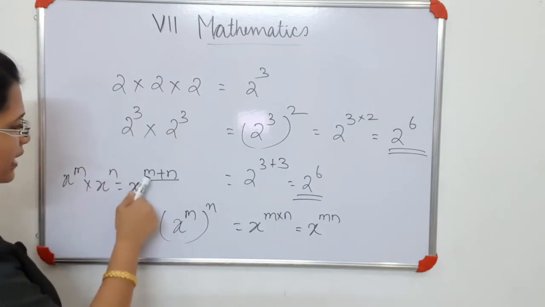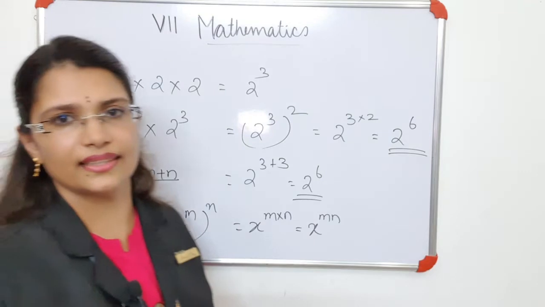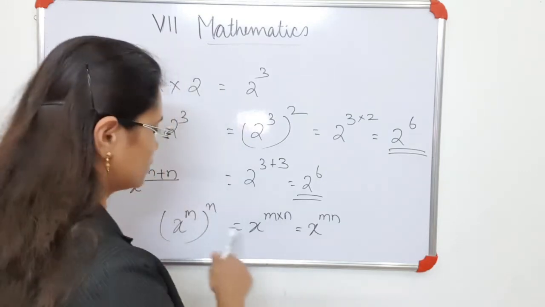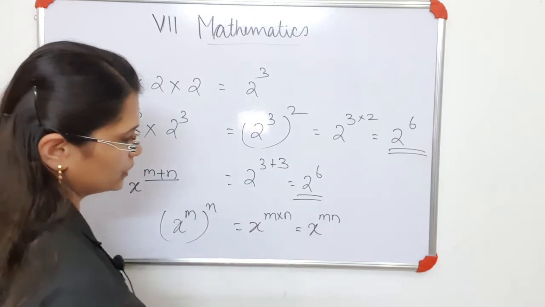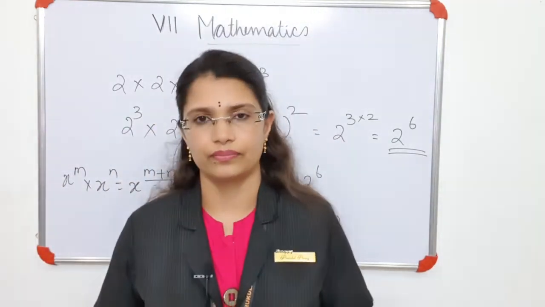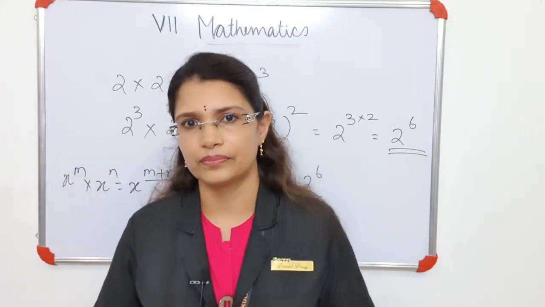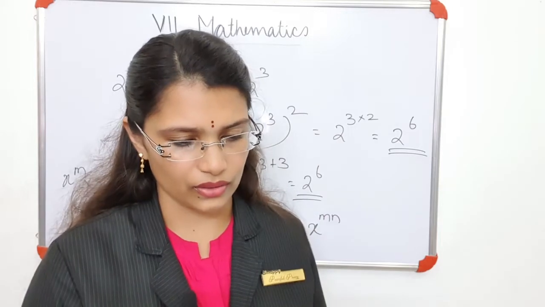Here just adding m plus n. Here multiplying m into n. Keep in mind this always. Okay. So, x raised to m whole raised to n is equal to x raised to m into n is equal to x raised to mn. Clear, children? Now, let us do the problems based on this.